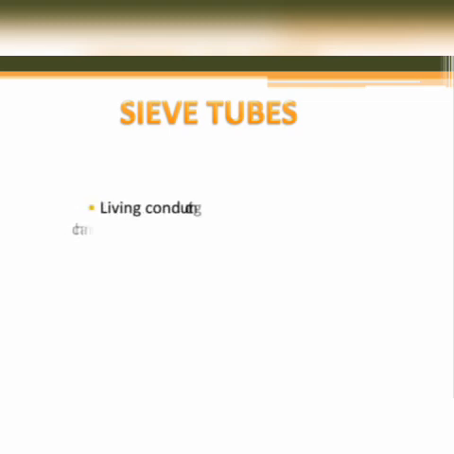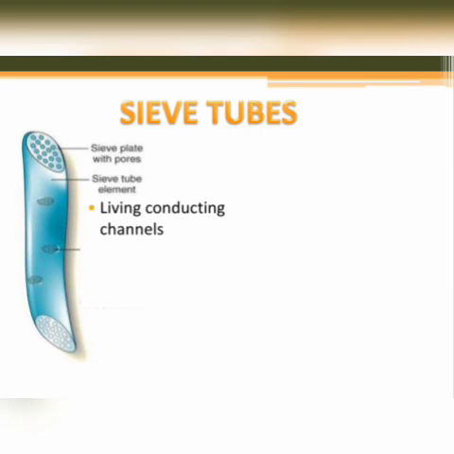Sieve tubes are living conducting channels. As you can see in the figure here, it clearly indicates the structure of a sieve tube, along with the pores which are seen to be present on the sieve plates.